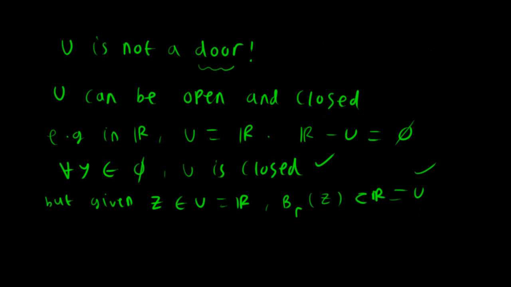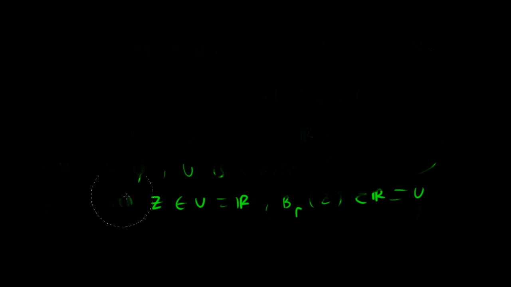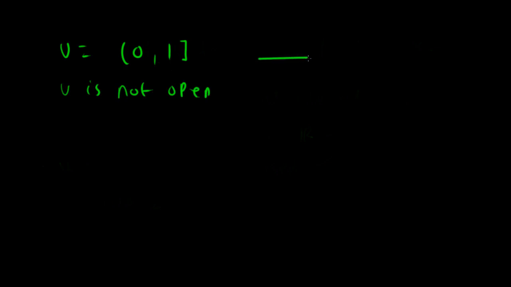Okay, so you may have to think about this for a little while, but something can be open and closed. And, furthermore, it can be not open and not closed. So if I take U equal to (0, 1], where we include 1, then U is not open, because we have this problem at 1.